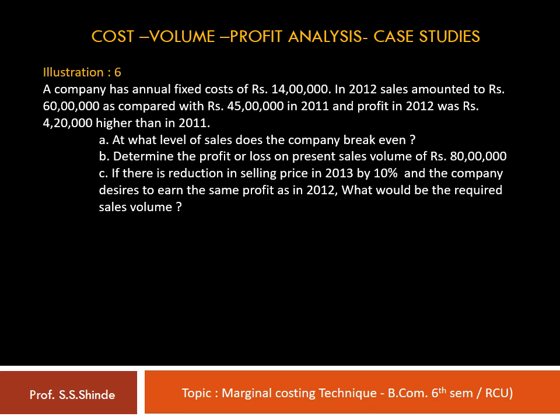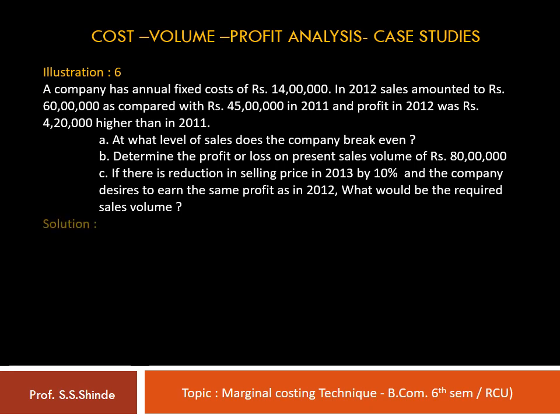And we have been asked to calculate with the help of these variables the company's break-even point and to determine the profit or loss at the present sales volume of rupees 80 lakhs, and also to calculate what sales would be required if there is a reduction in the selling price by 10% in 2013 and the company desires to earn the same profit as in 2012.